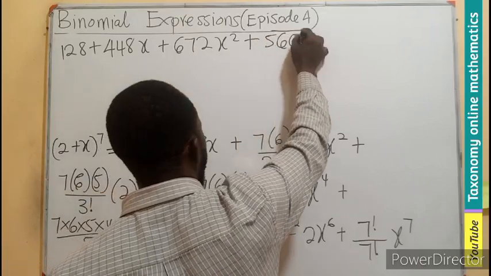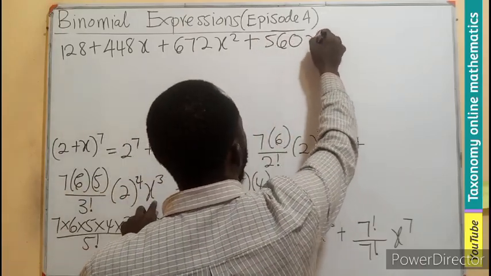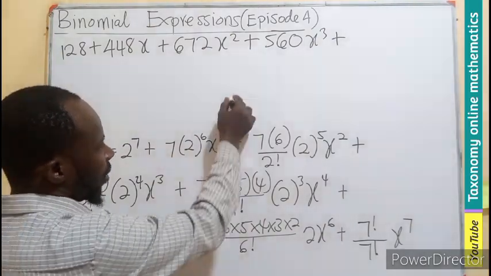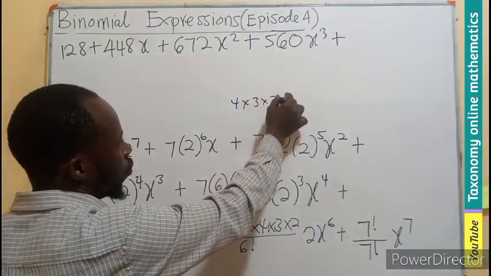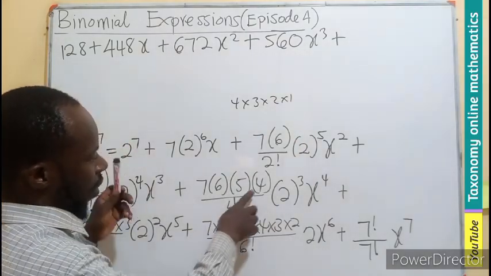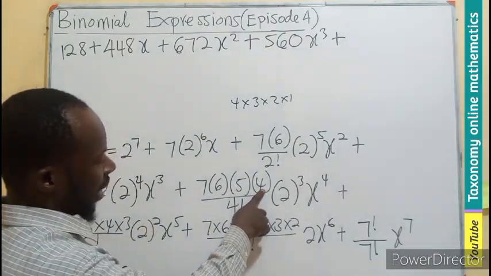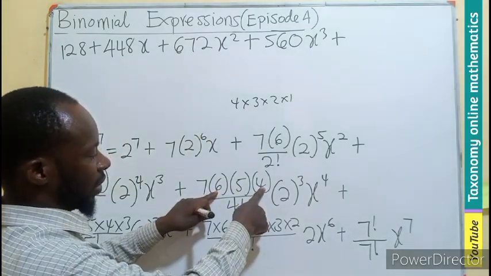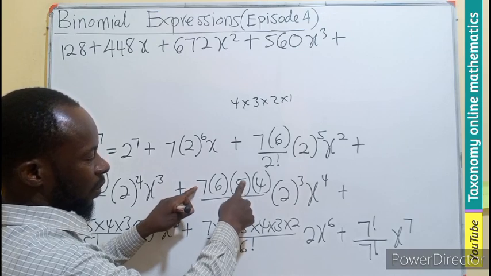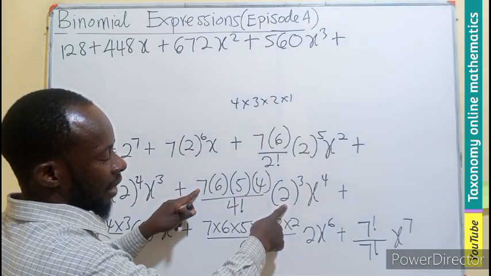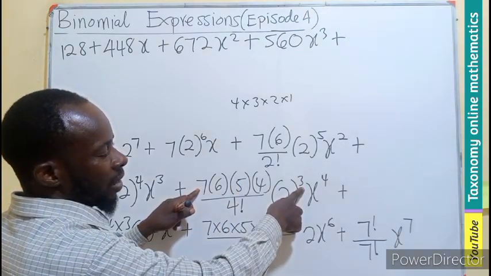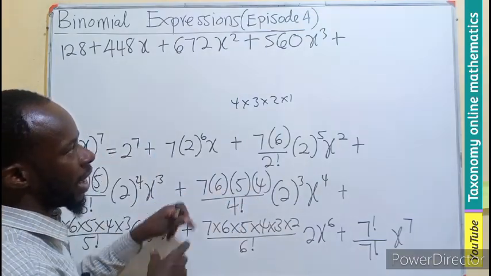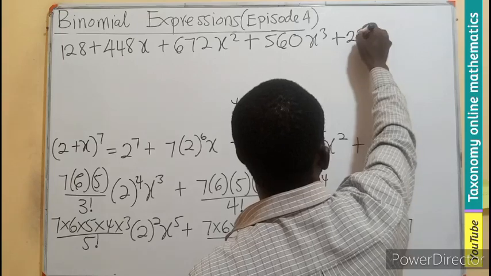So 560 x exponent of 3. What do we have? This is going to be 4, 3, 2, 1. So 4 will cancel 4 here, and these 2 will cancel the 6. So this is gone. Still 35. So 35 times 2 exponent of 3, which is 8. If you multiply that, that will give us 280.